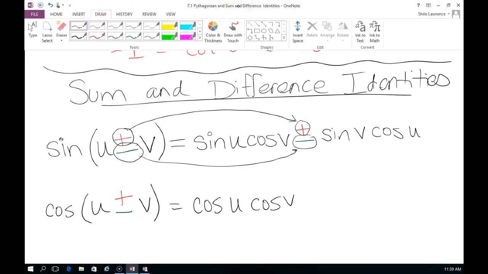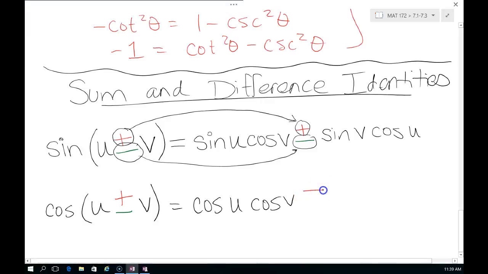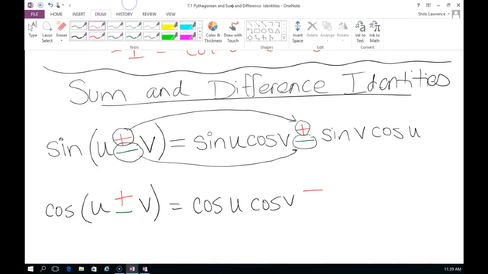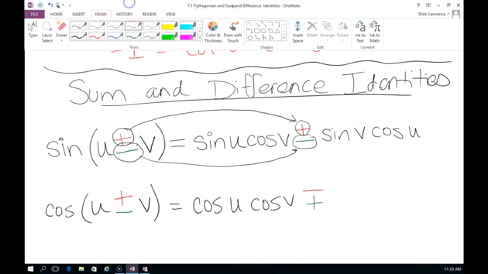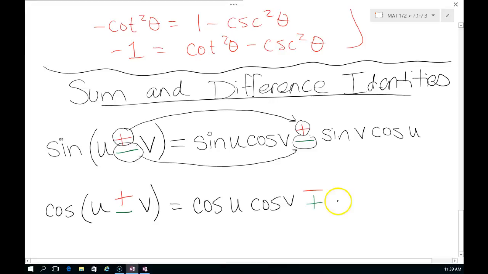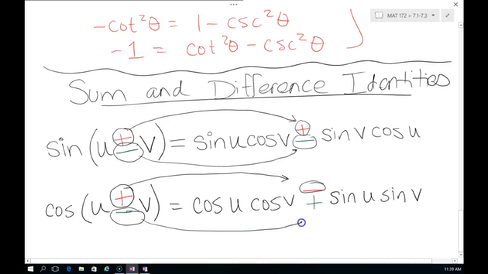So if there was addition in the angle, he's going to change it to subtraction. If there was subtraction in the angle, he's going to change it to addition. And then he'll let sine take on the u and the v. So if you're adding here, you're going to subtract here. If you're subtracting here, you're going to add here.